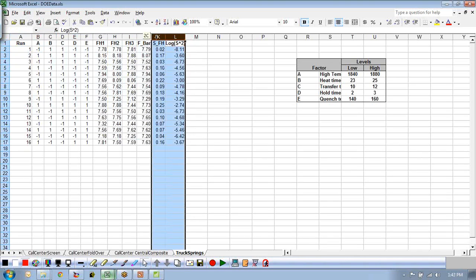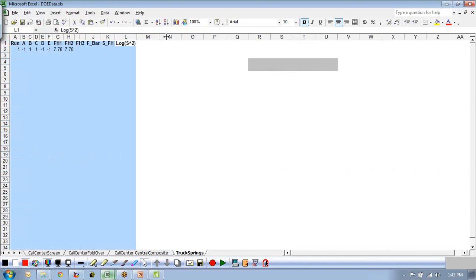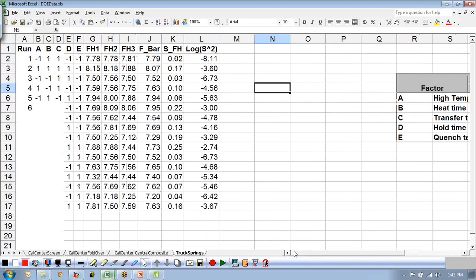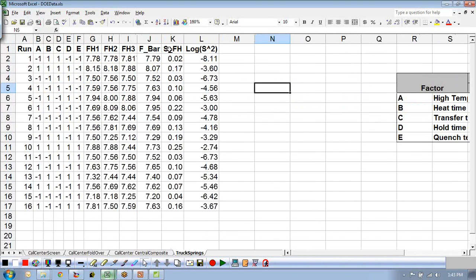What's interesting in here is we often talk about this for another course, but DOE can be used to optimize any sort of response. This one, for example, could be used to optimize variation. You can imagine springs vibrating around; not only do you want the average height to be the same, maybe you want the standard deviation to be the same.